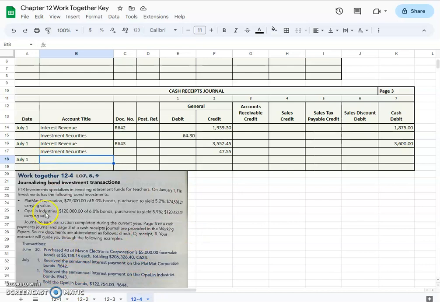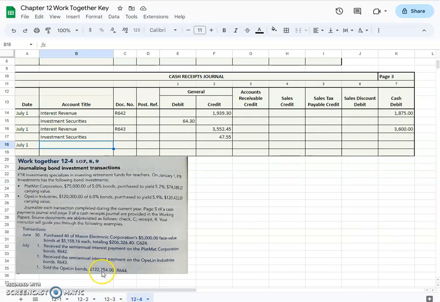So we'll move on to the third one. We are going to sell these Opel Industry bonds, and we're selling them for $122,754. So we know we have investment securities; that's where these bonds are at. This was receipt 644.